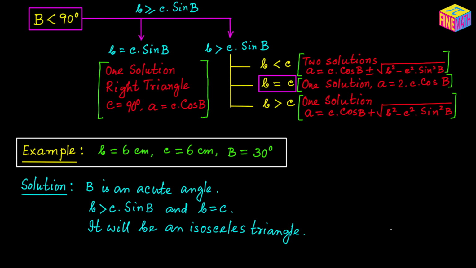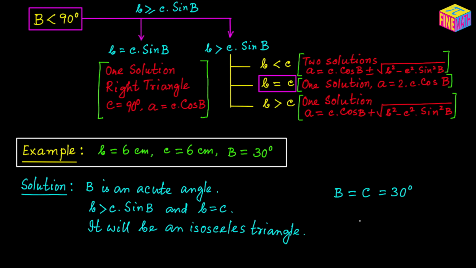Since it is going to be an isosceles triangle, what would be the value of the angle c? Well, using the property of isosceles triangle, we can say that because the side length b is equal to side length c, then obviously angle b would be equal to angle c. So we can say b will be equal to c, which will be equal to 30 degrees.